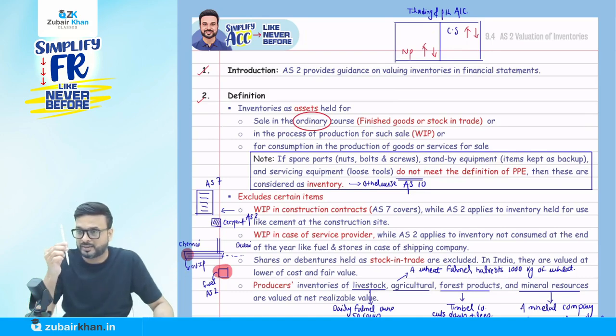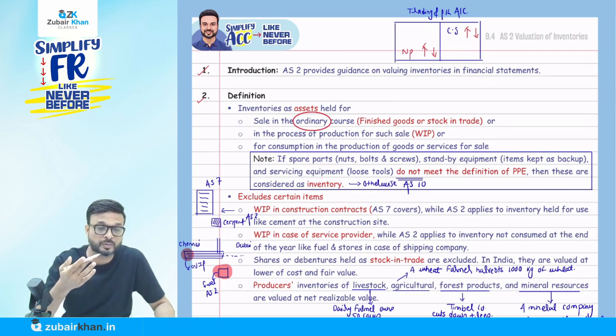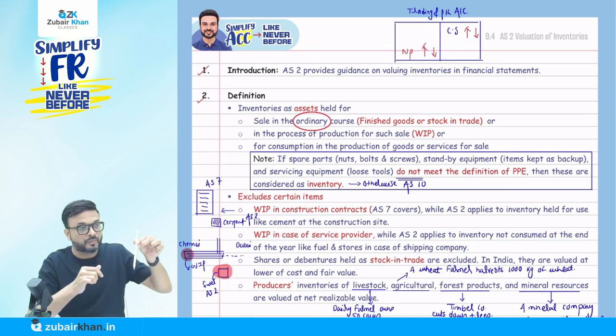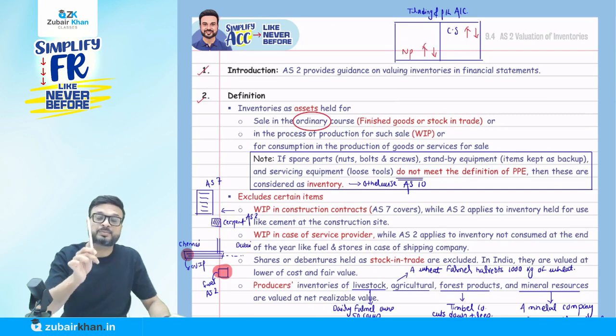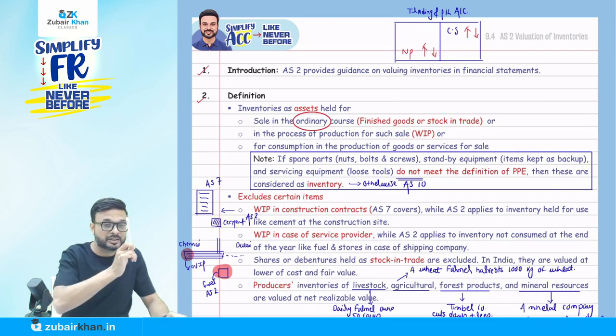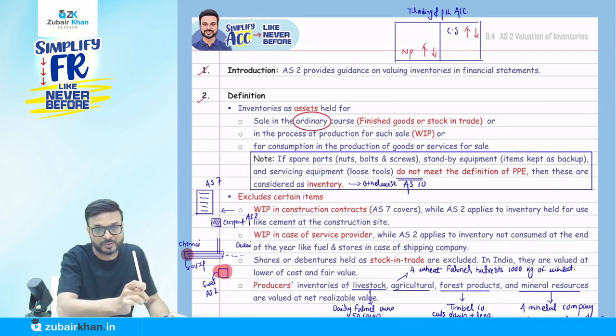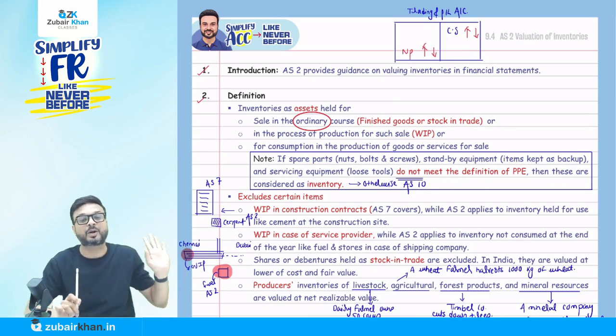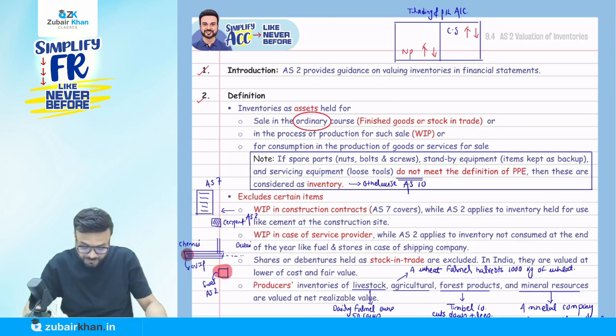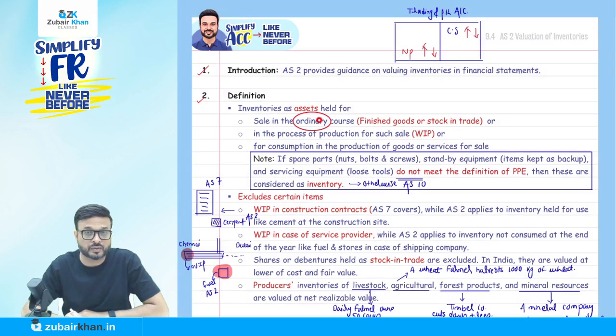I use this pencil, but I'm not holding it to sell in the ordinary course of business. This is not my nature of business. So this is not inventory for me, but for the shopkeeper from whose shop I purchased this, he is dealing in these pencils. So he holds these pencils to sell in the ordinary course of business. So for him, it is inventory. So they say held for sale in the ordinary course of business, that might be finished goods or stock in trade.